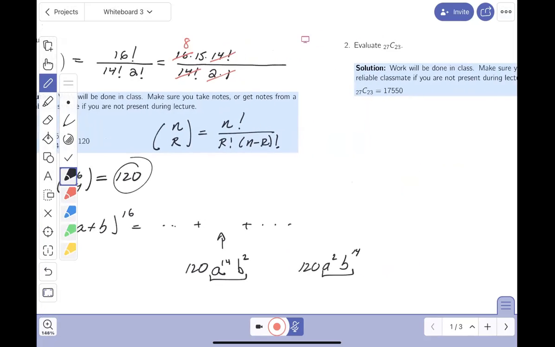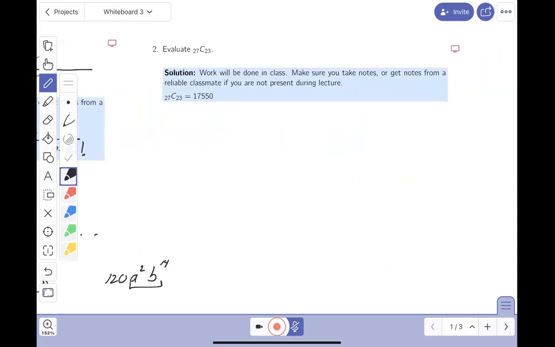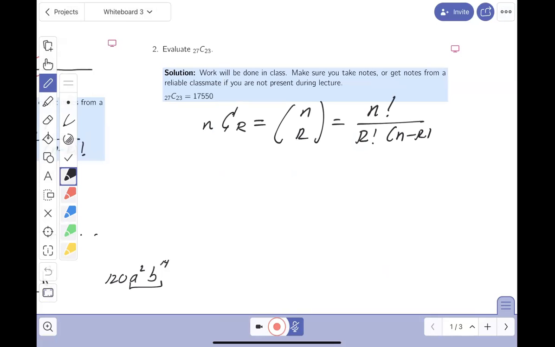All right, let's go to problem number 2. And this is really where the notation combinatorial comes in. It's typically written this way. But I want to point out this nCr can also be written as n choose r. It has the same meaning. n factorial over r factorial, n minus r factorial.